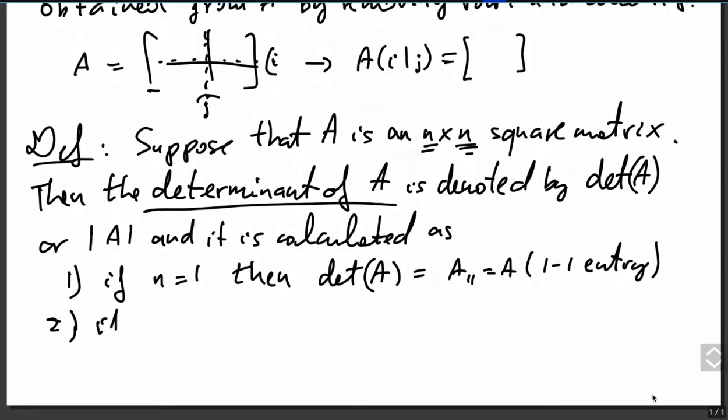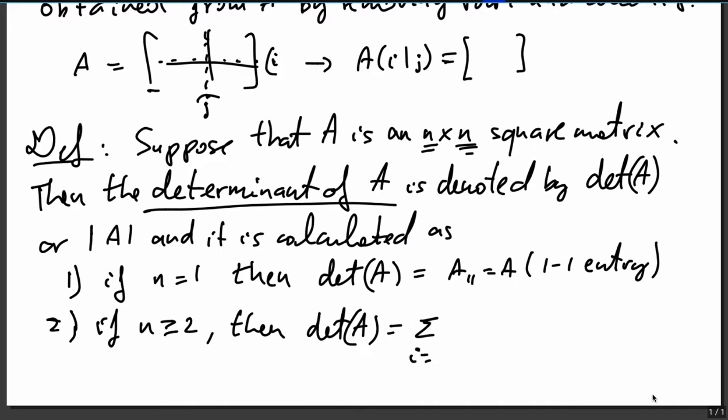Second case, if n is greater than or equal to 2, then the determinant of A is calculated as the sum, i going from 1 to n, of (-1) to the i plus 1, times the A_1i entry, times the determinant of A(1|i), when we remove the first row and the ith column.